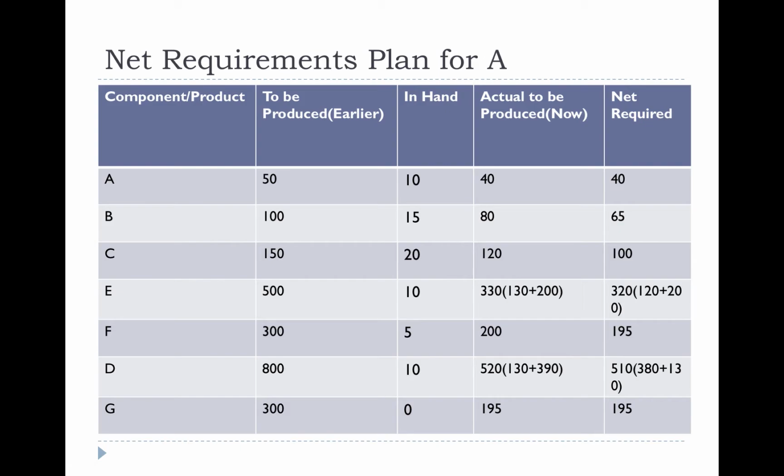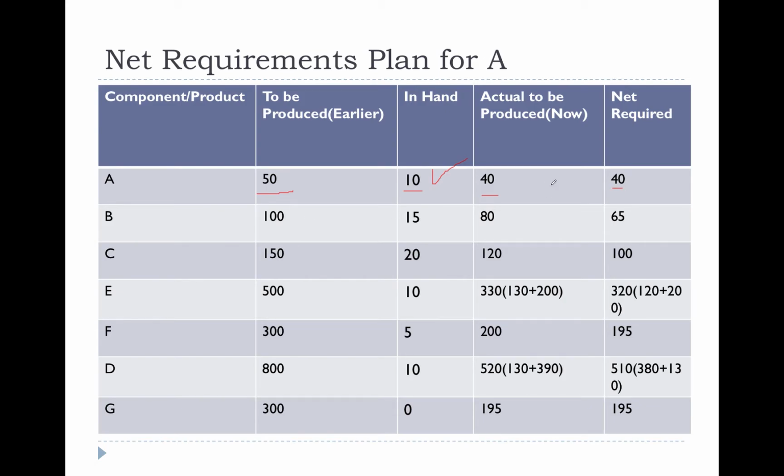Now how can you read this? You can see that this is the item to be produced, A, this is in hand, and because 10 are already there with you, you would only need 40 A's, right? And net required is again 40, right? So accordingly you can calculate it.